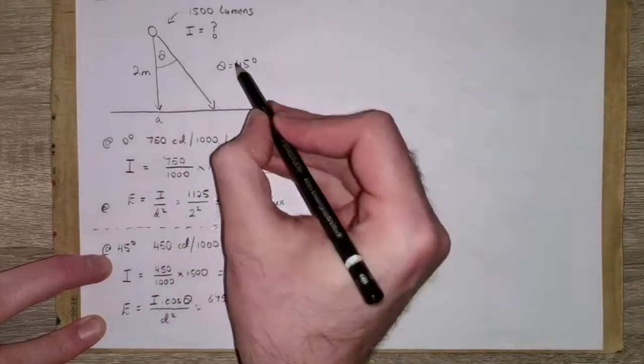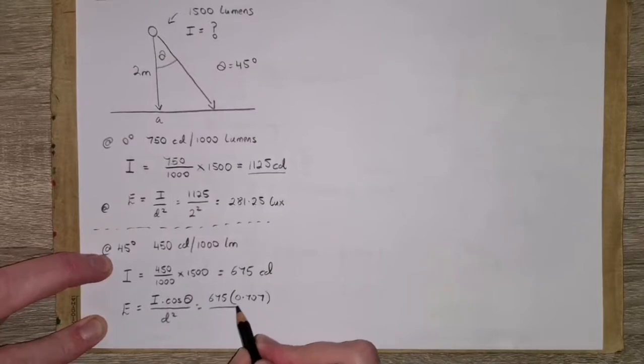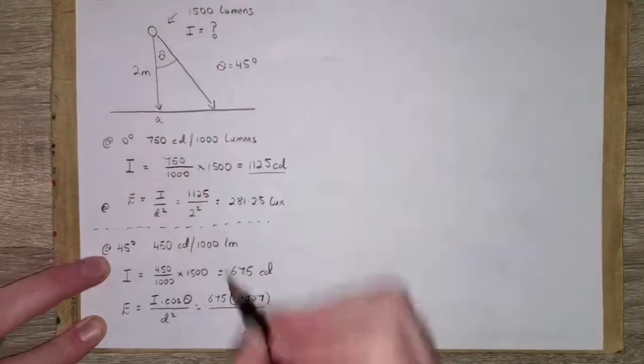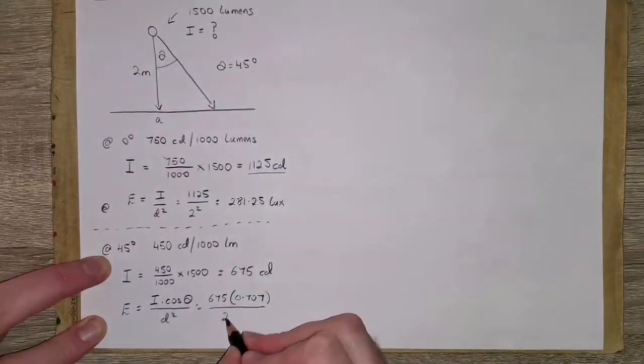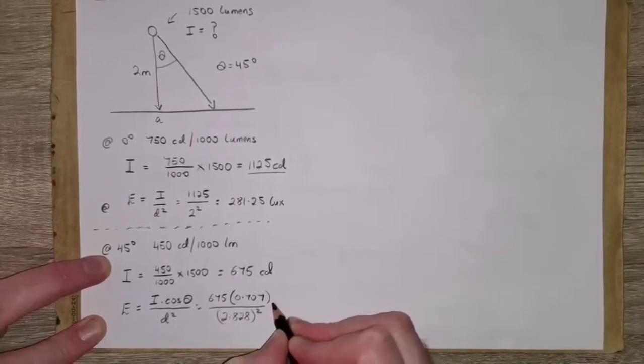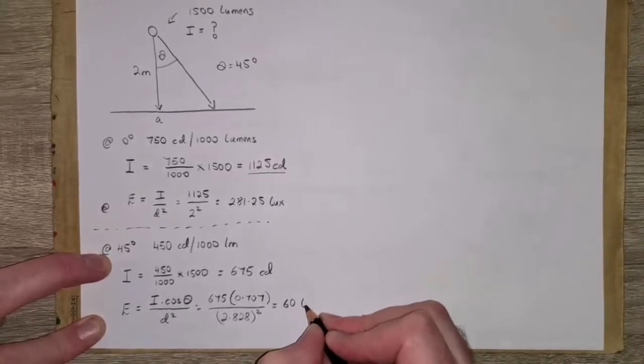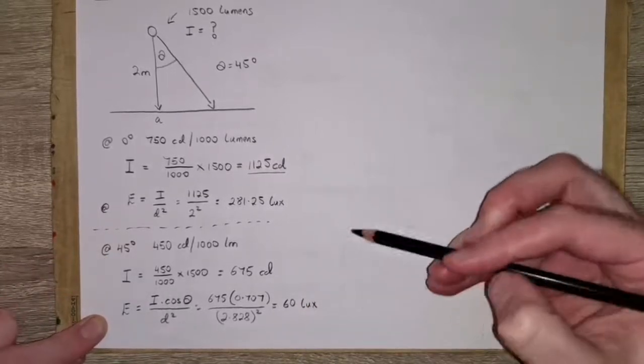That will be the cosine of 45 degrees. And that new distance here is about 2.828 squared. That works out at 60 lux. So you can see the difference there.